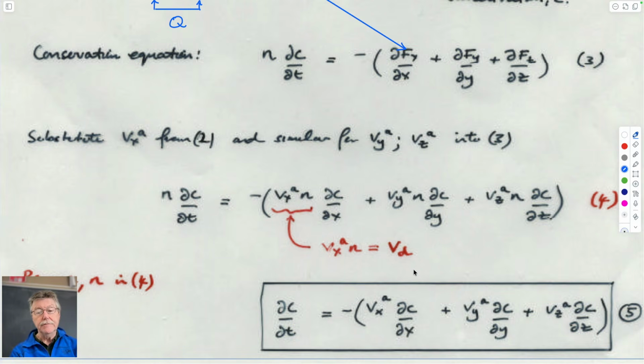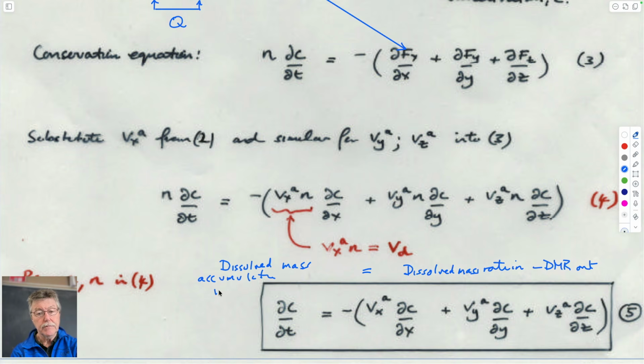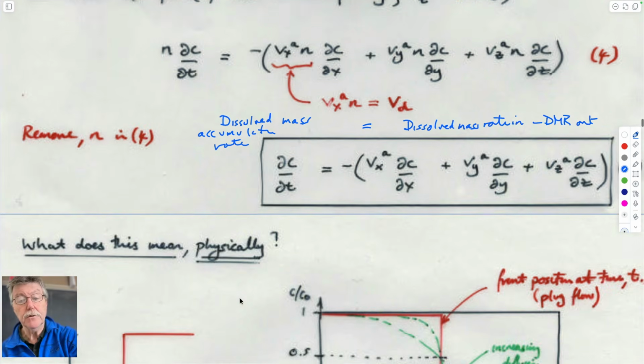This says that dissolved mass rate in minus dissolved mass rate out equals dissolved mass accumulation. Accumulation rate, I guess. So conservation equations are kind of important.